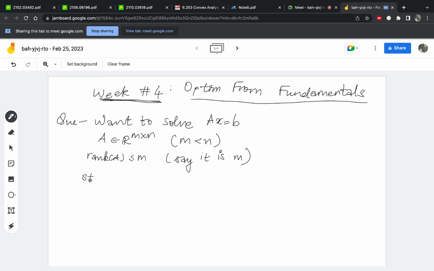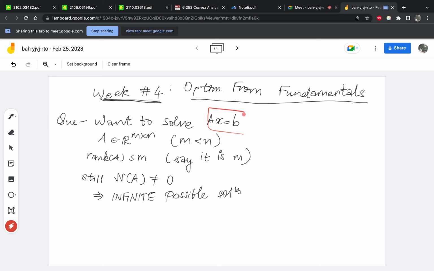Still, the null space is not trivial. This means there are infinite possible solutions. So whenever I solve Ax equals b, there are so many solutions possible. So what do I do? How do I go about picking it?